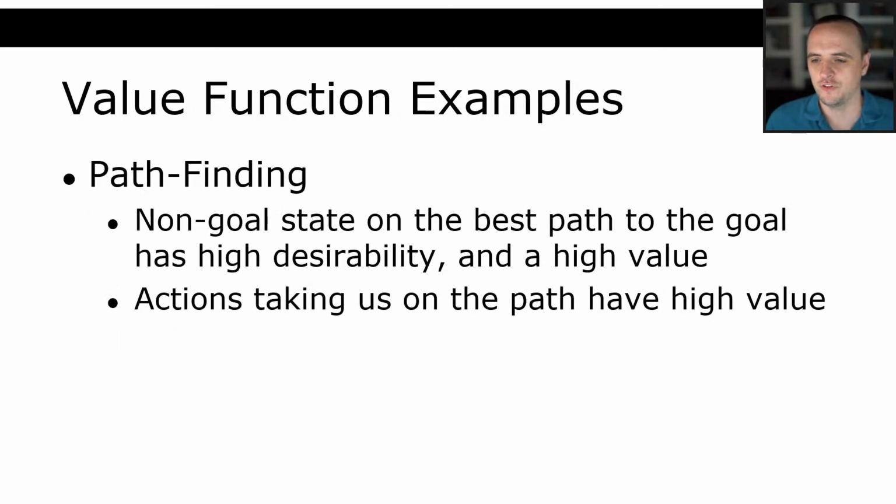So, value function examples in pathfinding. A non-goal state on the best path to the goal is going to have high desirability and a high value. And so the actions taking us on the path have high value. So if we're doing pathfinding, each individual action is going to be, for example, -1. Each action is going to give us the same reward each time, and that is a little bit of pain. You don't want to be walking.